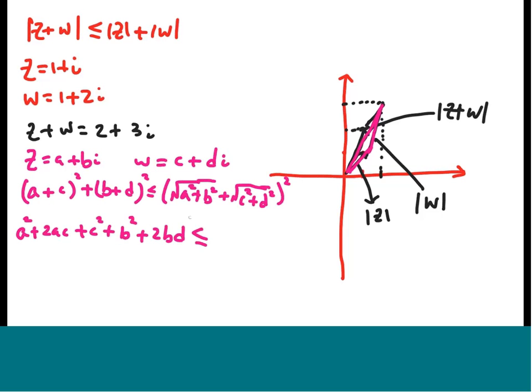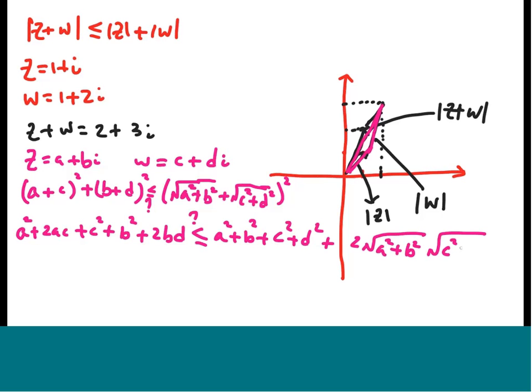We want to prove, we don't know yet, A squared plus B squared plus C squared plus D squared, then you have plus again 2 times the square root of A squared plus B squared times the square root of C squared plus D squared.